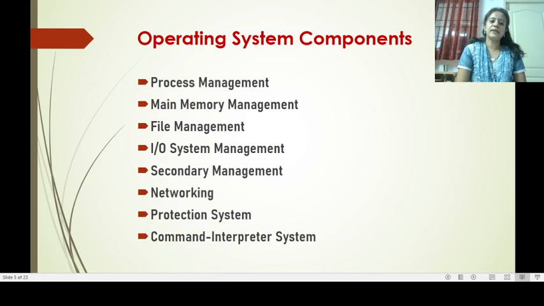It also provides many components such as process management, main memory management, file management, input-output system management, secondary storage management, networking, protection system, and command interpreter system. Let us understand one by one what these operating system components are.